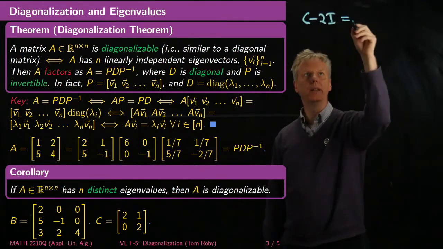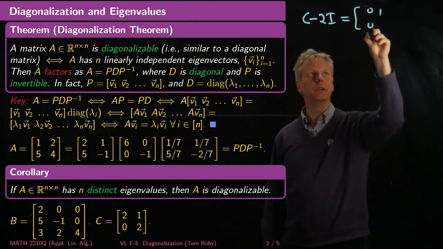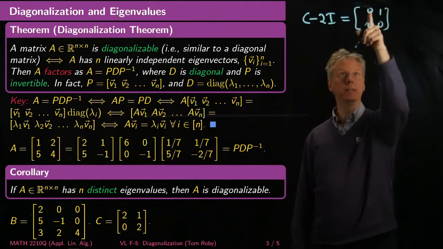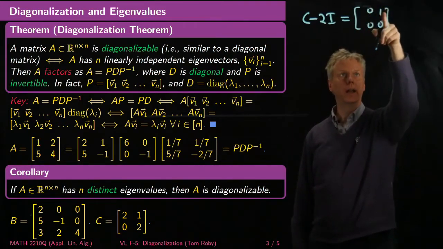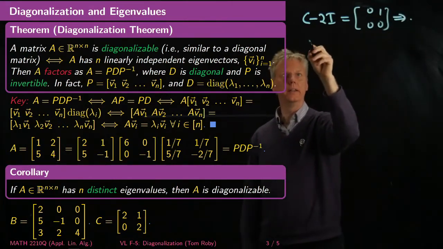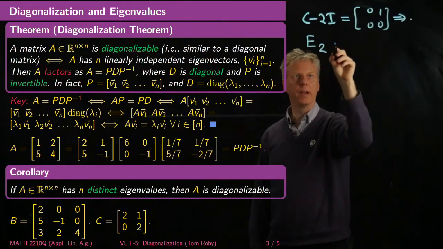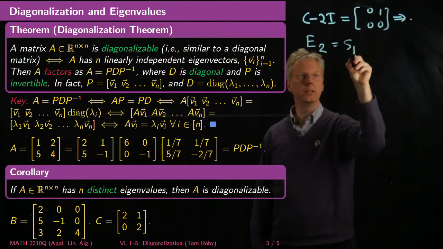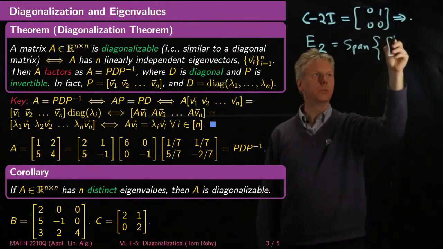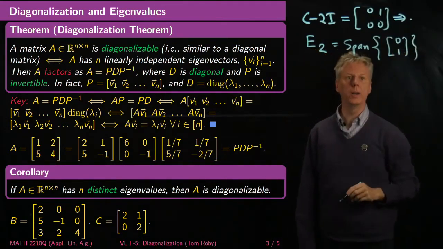So when I do this, C minus 2I, I just get the matrix (0, 1; 0, 0). And what does that mean? Well, that means that x1 is free and x2 is equal to 0. So this implies that the eigenspace corresponding to the eigenvalue 2 is equal to the span of, x1 is free and x2 has to be 0, so I can just write it as the span of (1, 0).